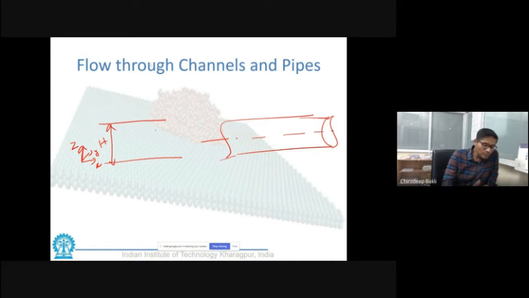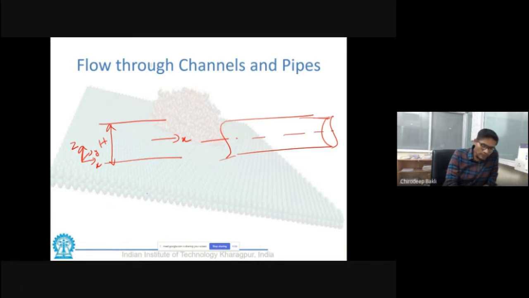Basically, avoiding the jargon, a fully developed flow is a flow which is not evolving as it travels along the x direction. So all the entrance effects have been removed, the pipe or the channel is sufficiently long, and we have a flow which is no longer evolving as it travels down the axial direction.